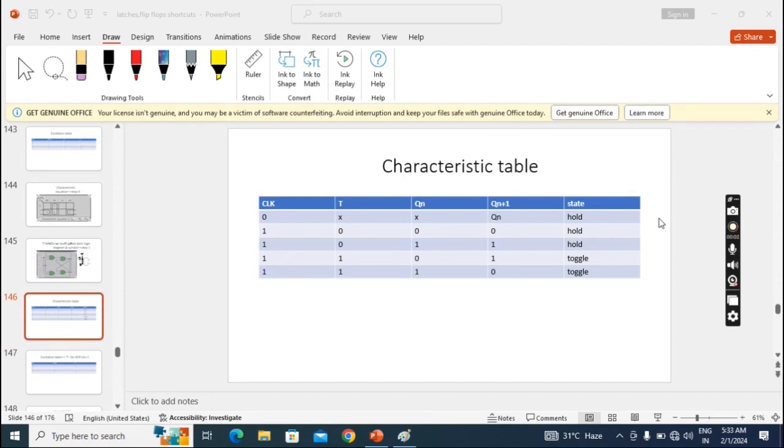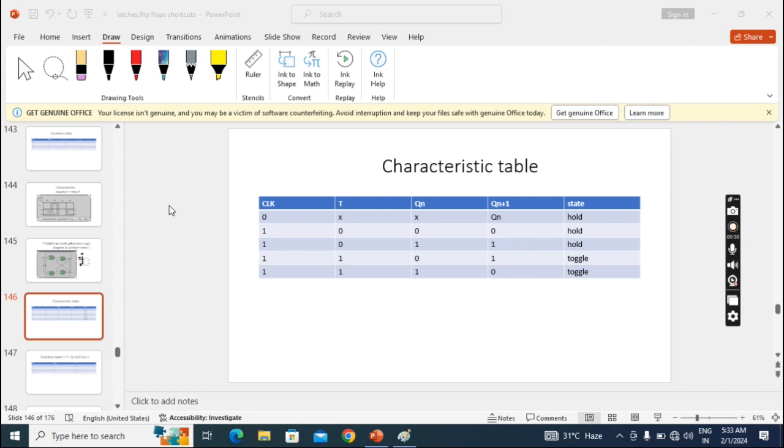In this lecture we will see the necessity of the T flip flop. You know, in counters we need the T flip flop. For example, synchronous counters, asynchronous counters, mod counters, up counters, down counters. In these counters we need hold nature and toggle nature, then only the particular count will happen.